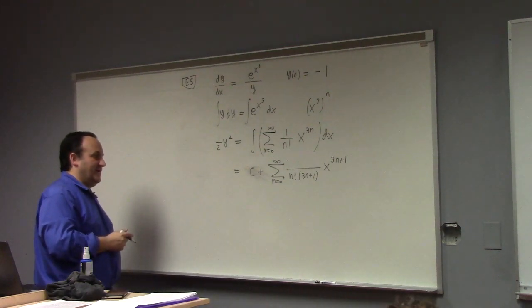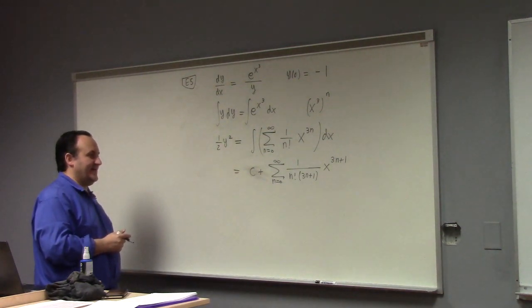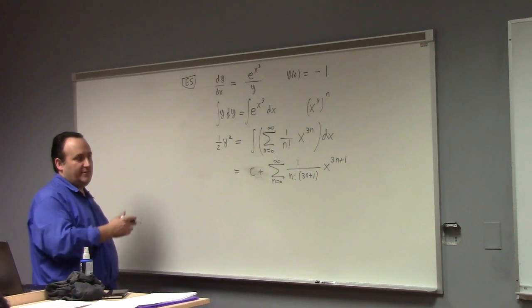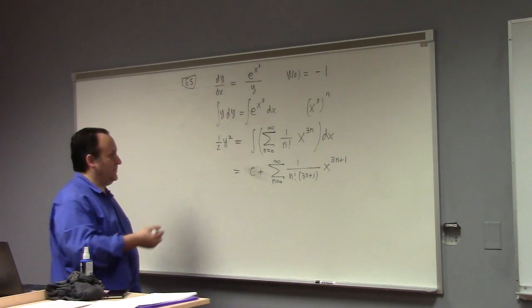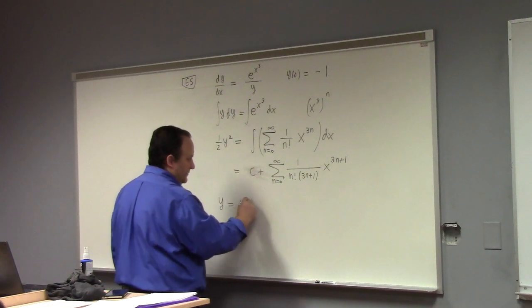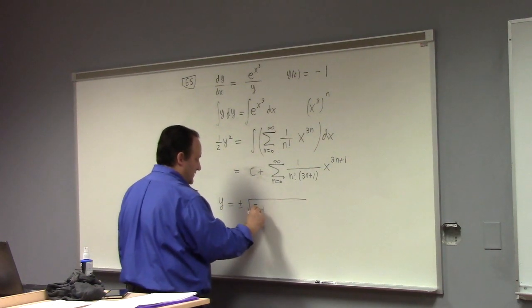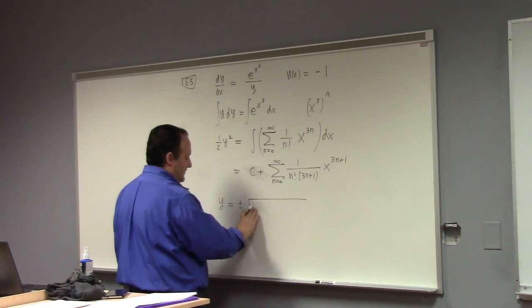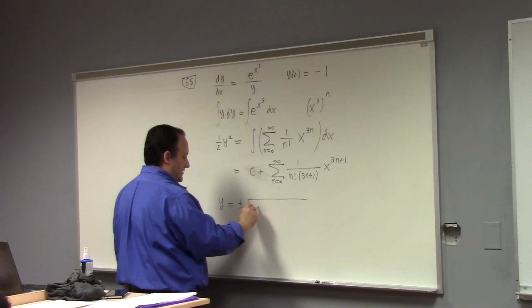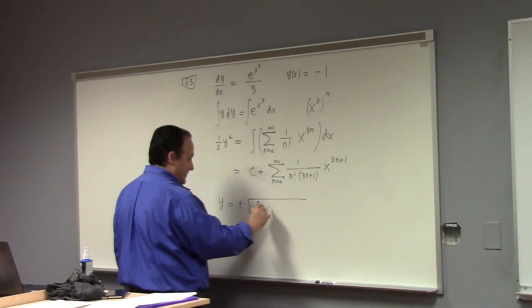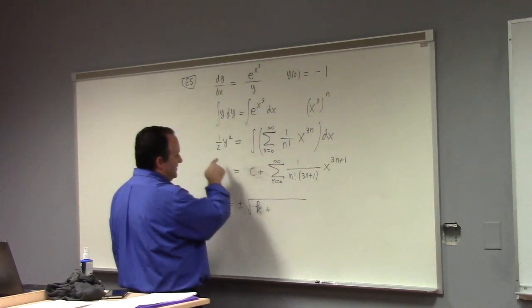It's not quite the Larry, Moe, or Curly function, but looks kind of like it. Not really, though. And then we can say, okay, well, that means that y is equal to plus or minus the square root of c plus, well, 2c. Fine. We don't have to call it 2c, we can call it c bar or k. I'll take it. Okay, k plus. Now, when I multiply the two, it does multiply.